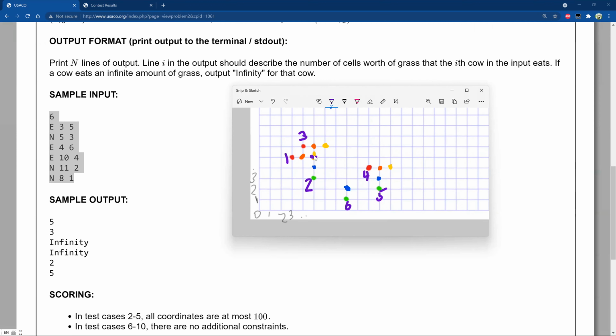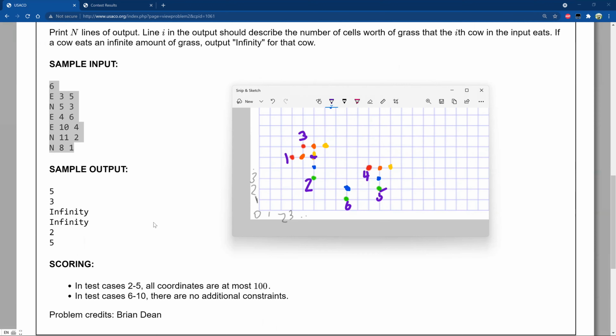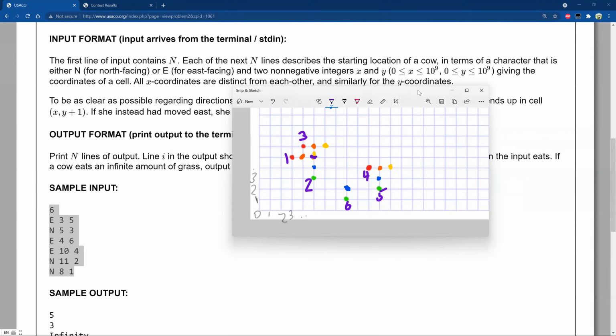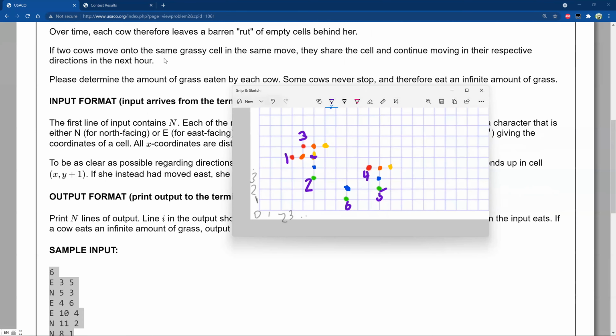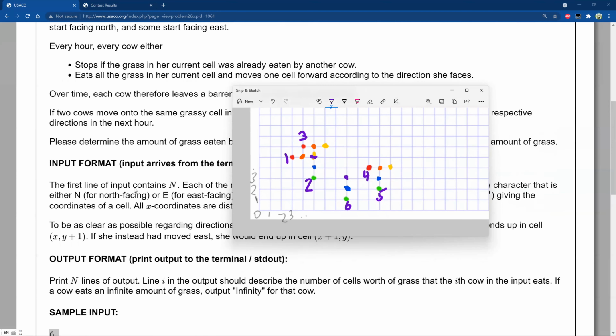They will both share this spot because they said that if 2 cows move onto the same grassy cell in the same move, they will share and will continue moving in the next hour. So cow 1 and cow 2 will share this location. Cow 6 will continue moving. Cow 5, well, it blocks, right?